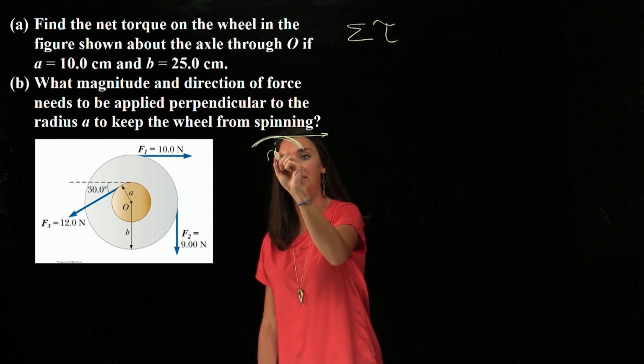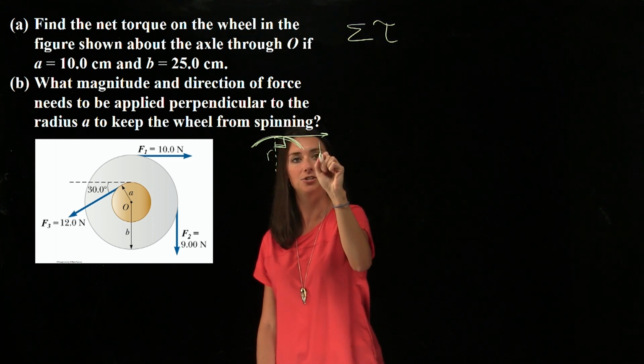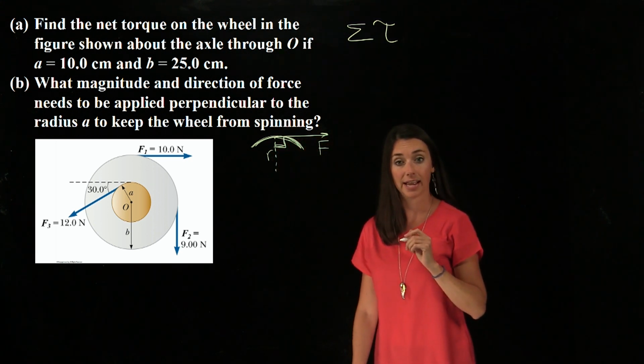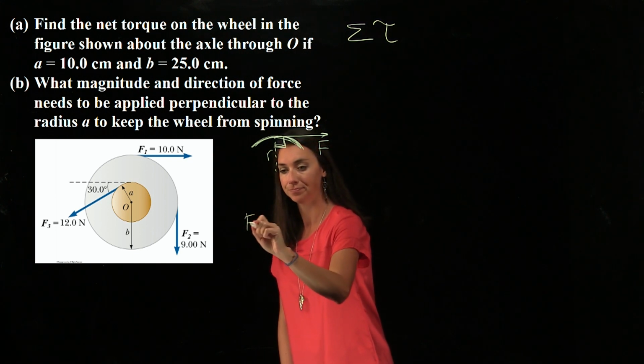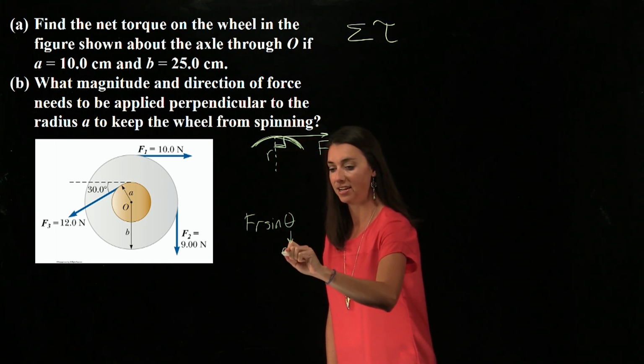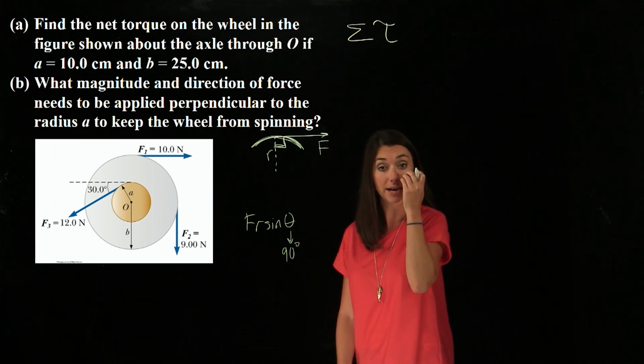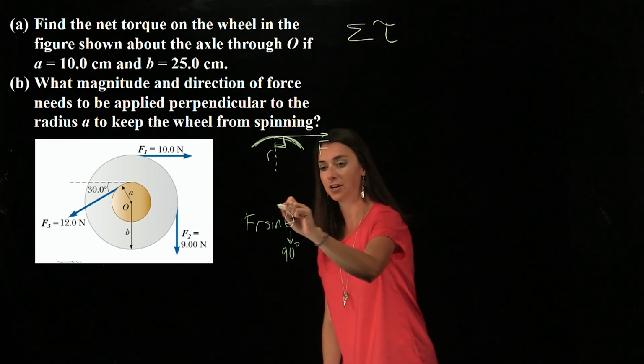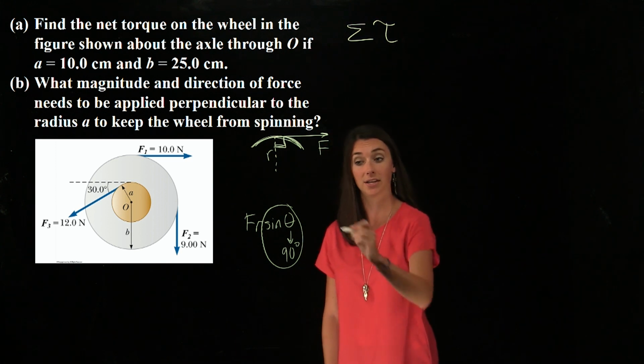So the radius is going to be perpendicular to the force. And we know if you have F R sine theta, if theta is 90 degrees, if it's already perpendicular, then this term just turns out being 1.